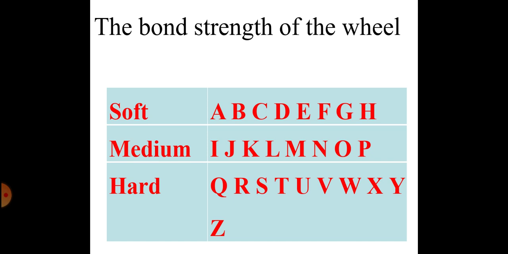The bond means the holding strength of the abrasive, which is provided by different materials like resin, rubber, etc. These different grades are designated by giving alphabets in English, A to Z. Soft is A to H, and medium is I to P. Hard is Q to Z. It is shown in the table.